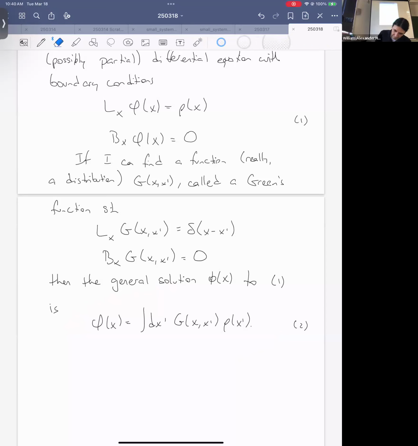So we can see that 2 solves 1 by direct substitution.